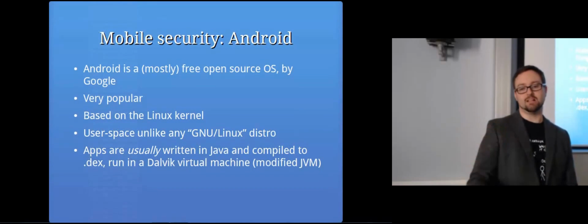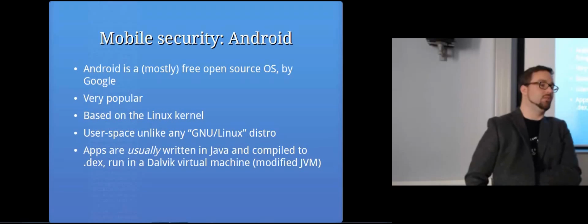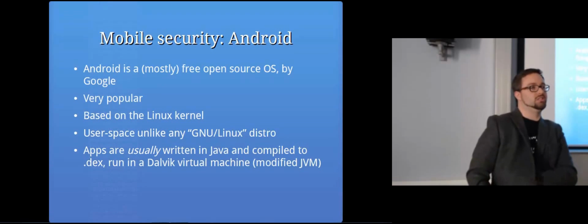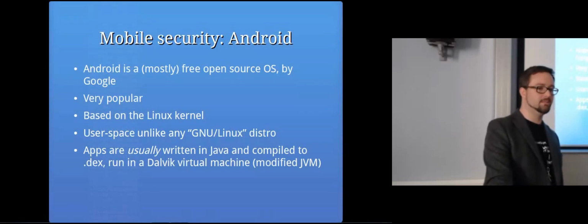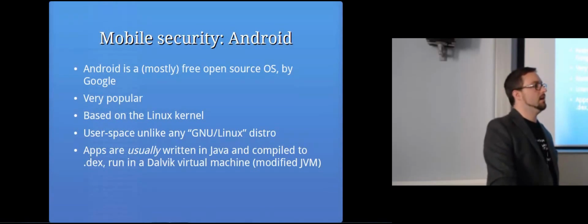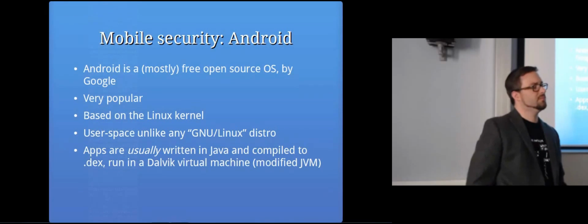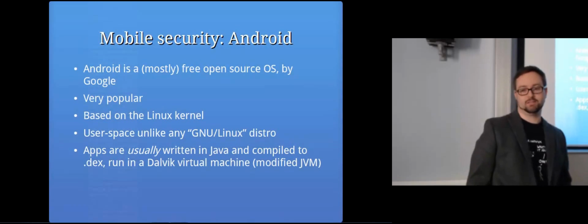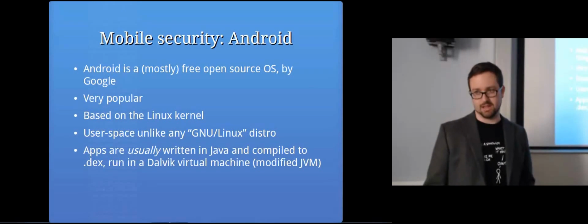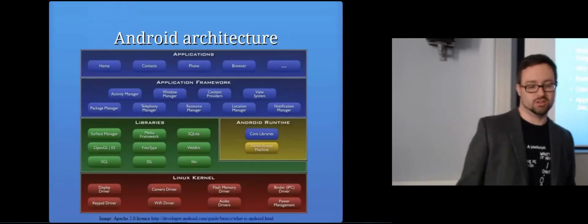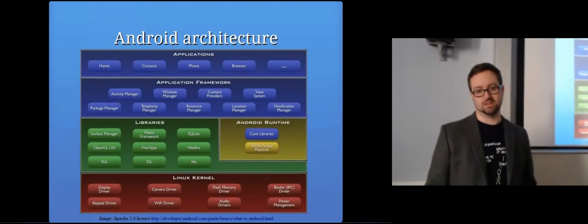Dalvik is the virtual machine, and I believe they've got a new one now, an alternative that they're looking at changing to. Does anyone know the name of it? I can't think of it off the top of my head. It starts with an A. They've got another alternative virtual machine that they're thinking of changing to.